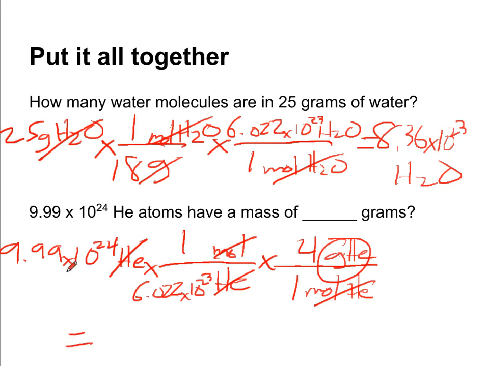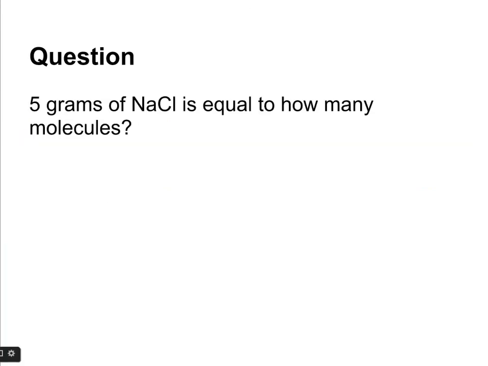So to solve this one, 9.99 times 10 to the 24th times 4 divided by 6.022 times 10 to the 23rd. Hopefully you end up with something close to 66.36 grams of helium.